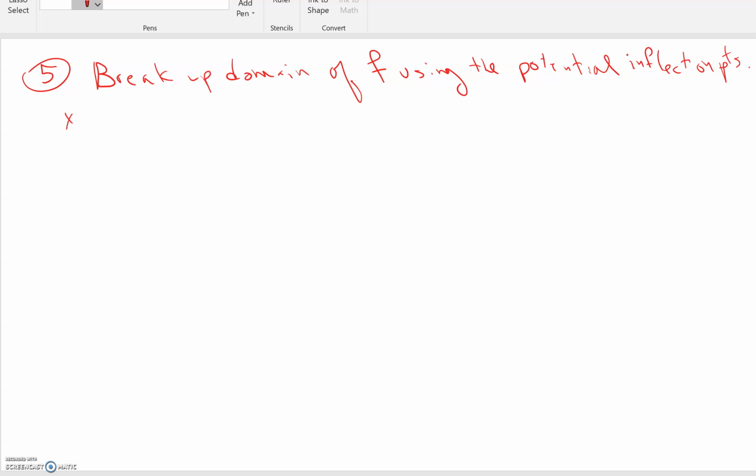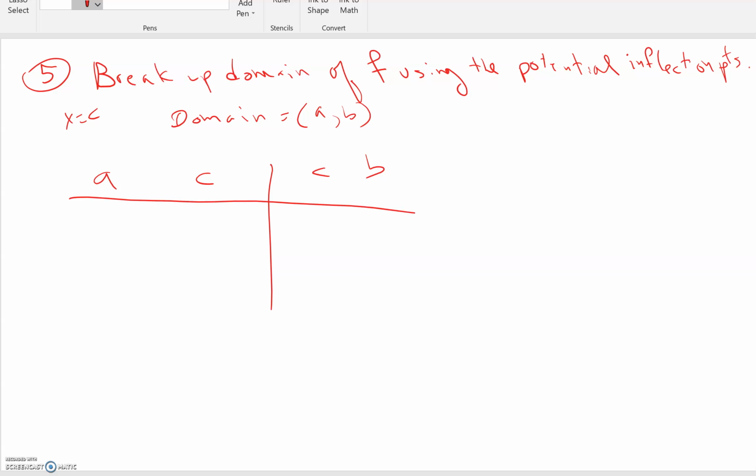Let's say that we got one, x equals c. Then, just for example, if your domain is the open interval a to b, you would do a to c and c to b. Of course, it may be more complicated than this, but this is just for illustration.